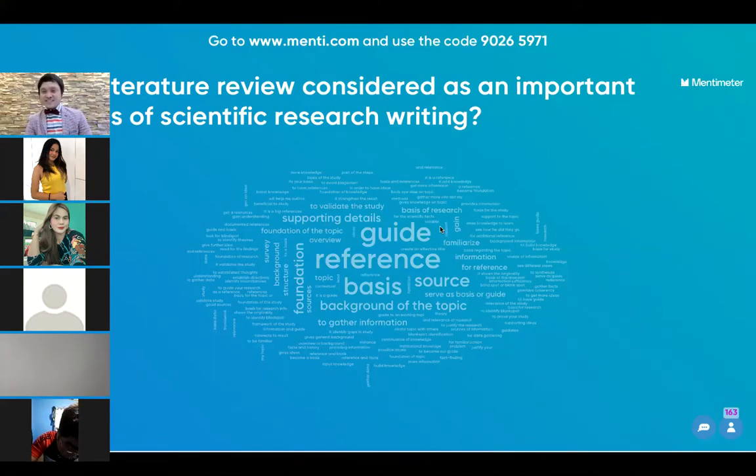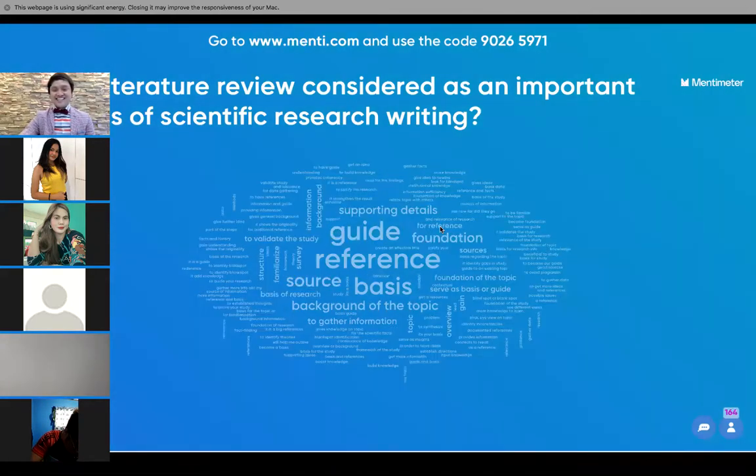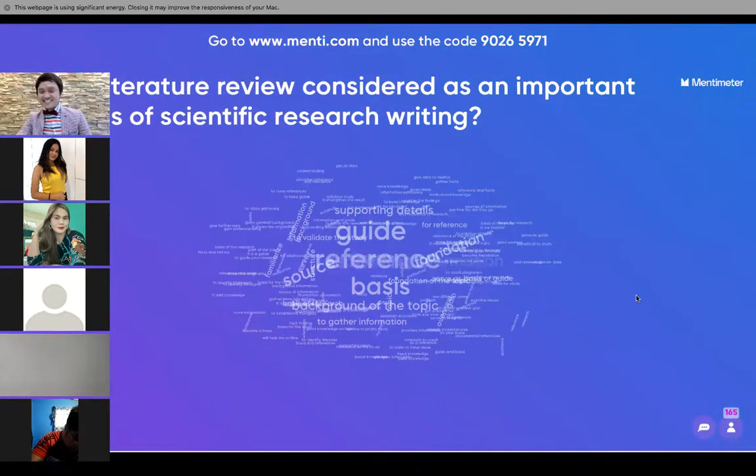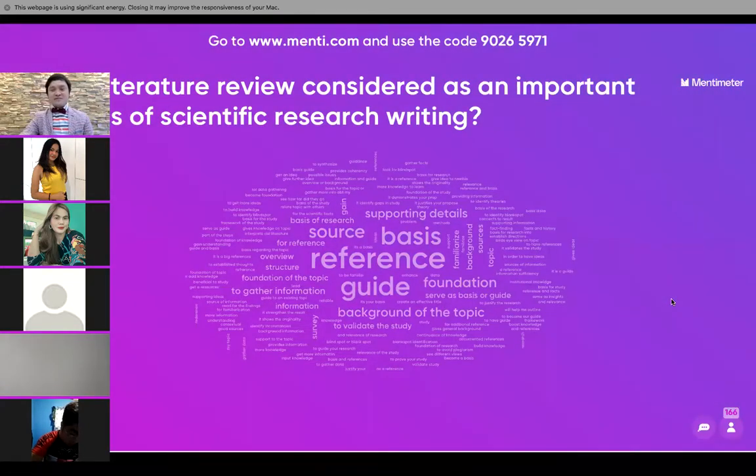Hindi makapasok sa Menti. Baka naman nasa Mento ka. Okay, sige. Pamain na lang po. Murang halaga lang po yan.